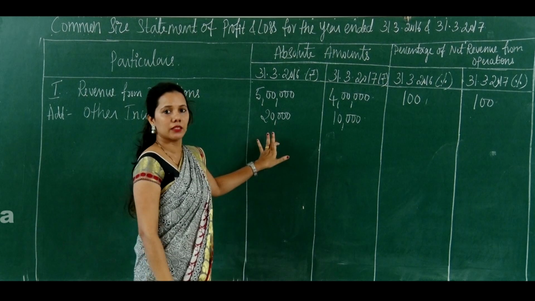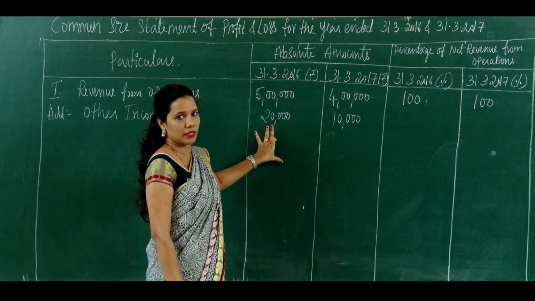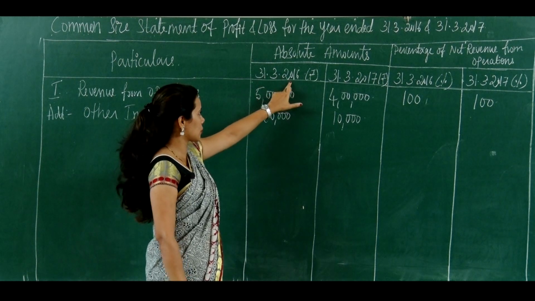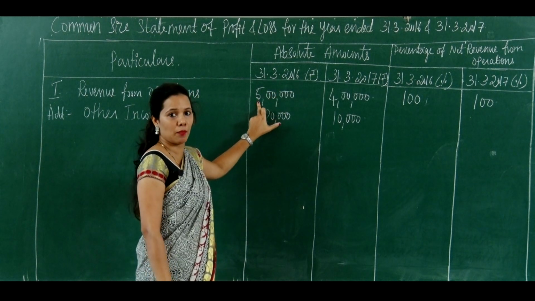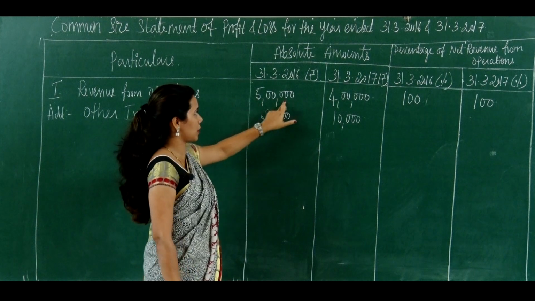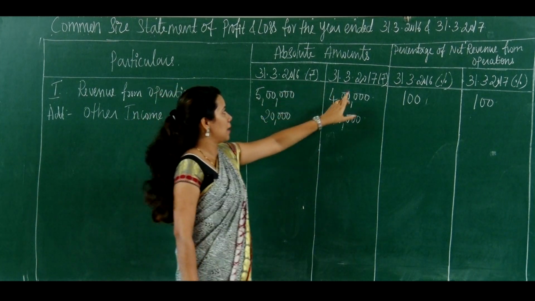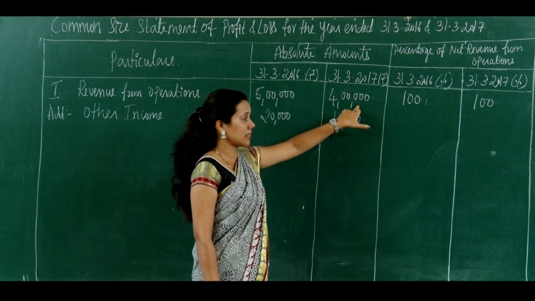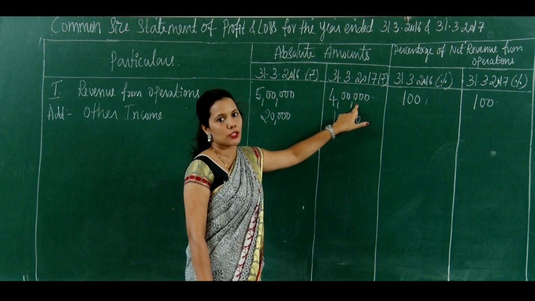Now, we will convert this amount into percentage by this base. For 2016, 5 lakh is the base because 5 lakh is revenue from operation for 2016, and for 2017, 4 lakh is the base because in 2017 revenue from operation is 4 lakhs.